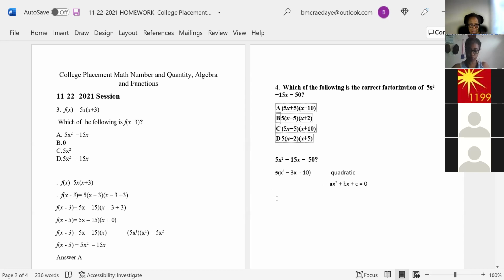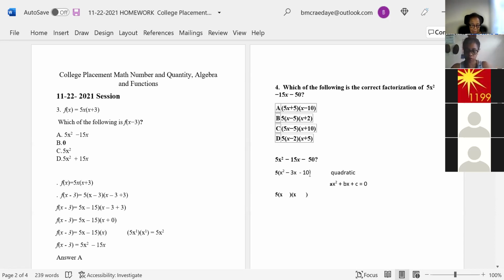So let me just write this as 5, and then we want to put x. Now I want to factor x squared minus 3x minus 10.